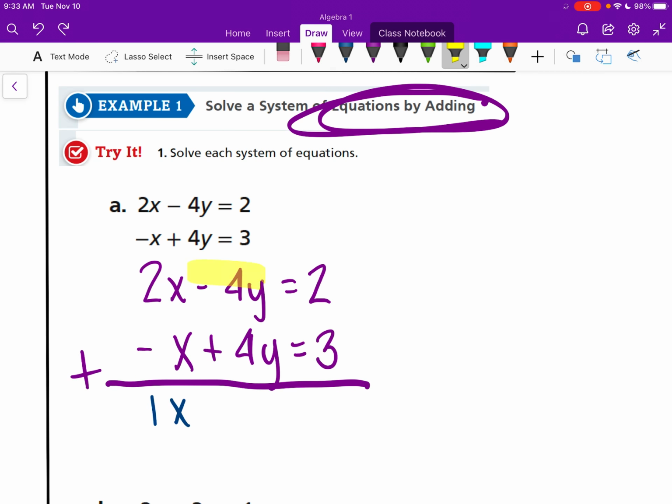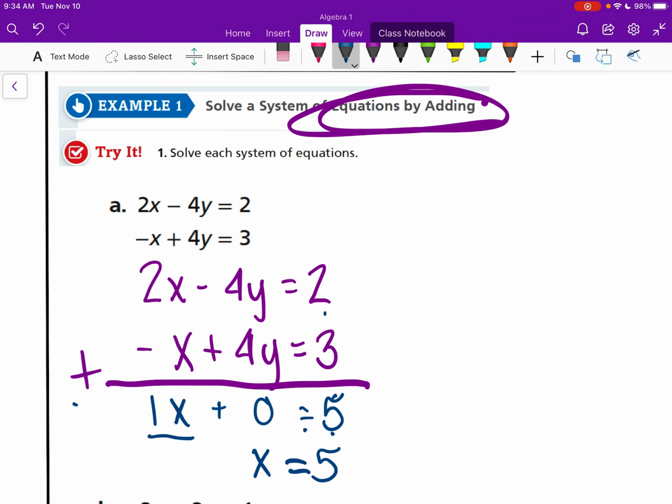Minus 4y plus 4y is going to add to be 0. No more y's, so that's just plus 0, or we don't even have to write it. And then we add our constant term at the end, 2 plus 3, so 2 plus 3 equals 5. So we have added both of these equations together, and you're going to see we created a new equation: x equals 5.